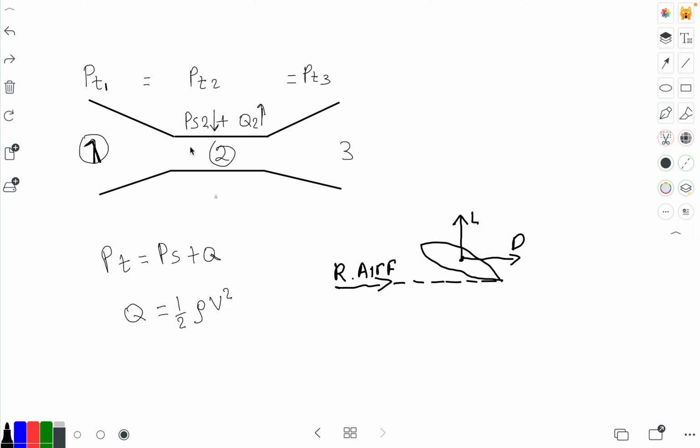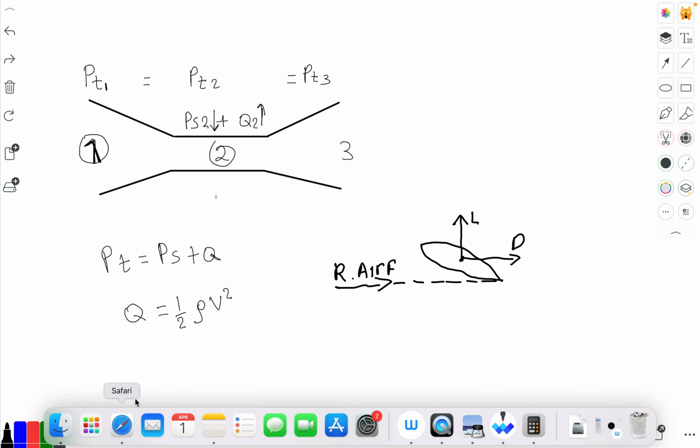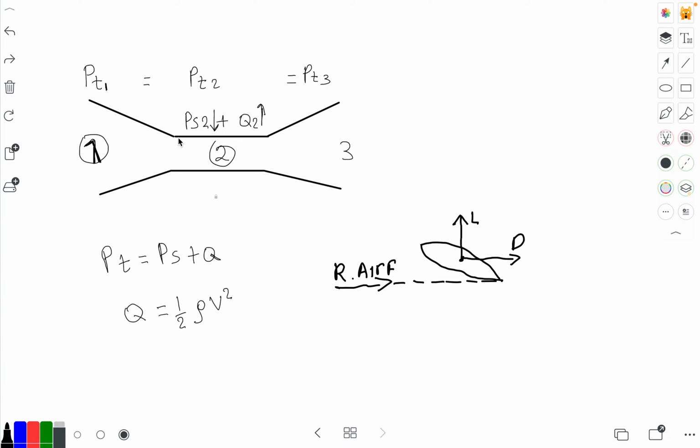Oh, okay, we have it over here, so no need to draw this again. Inside the throat, because the streamlines converge, because this distance is smaller, the dynamic pressure increases due to increased speed, streamlines converge, static pressure goes down.